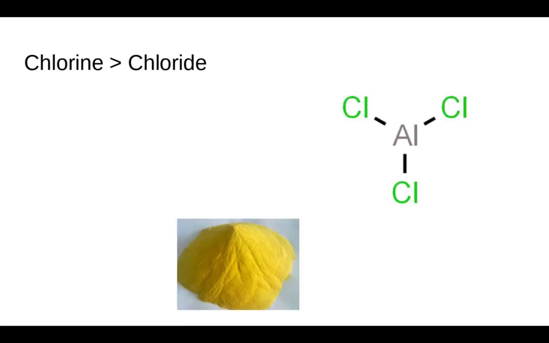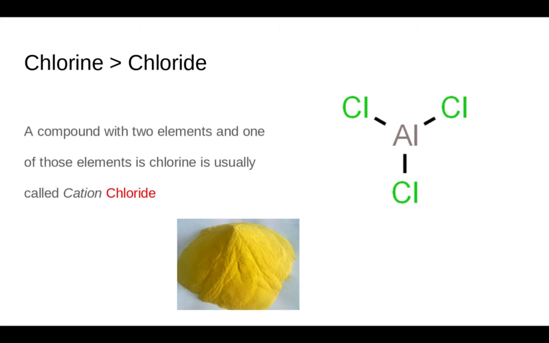Chlorine becomes chloride. Again, a very similar rule. If a compound has two elements and one of those elements is chlorine, then it becomes cation chloride. Though there are four atoms here, 1, 2, 3, 4, there are only two elements, aluminium and chlorine.